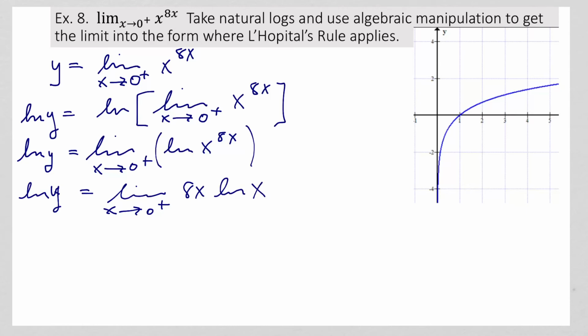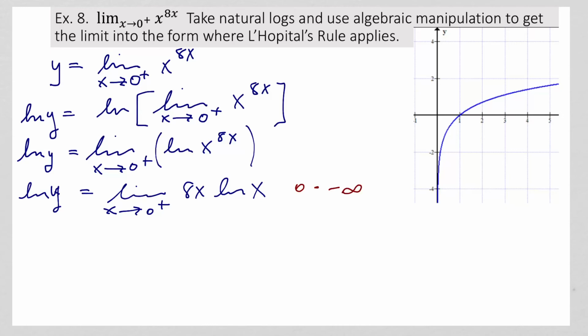All right, so now let's check and see whether I've got one of the indeterminate forms when it looks like this. So if I evaluate this as x approaches 0 from the right side, this would just be 0, 8 times 0, so I've got 0. And if I evaluate the ln of x, that's what I put this graph over here for, as x approaches 0 from the right, the limit of that is negative infinity.